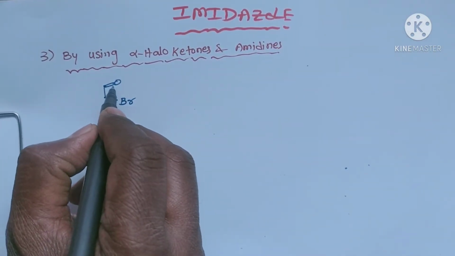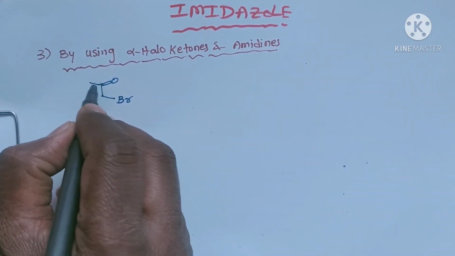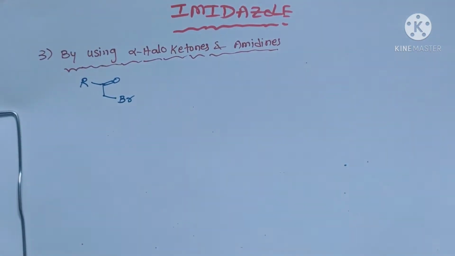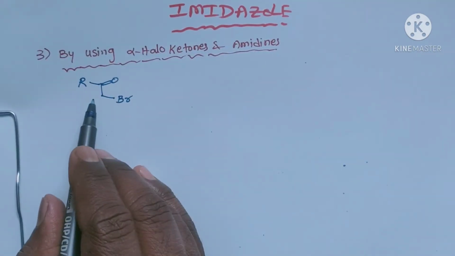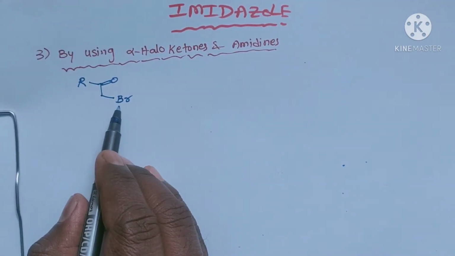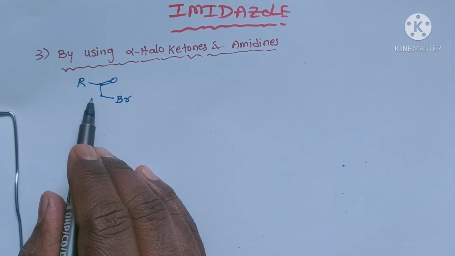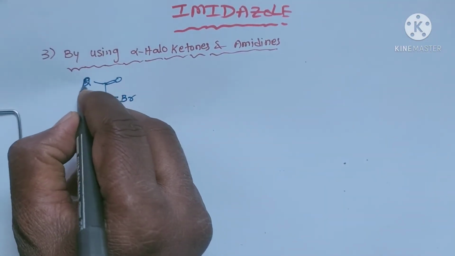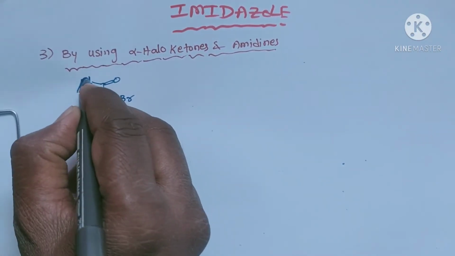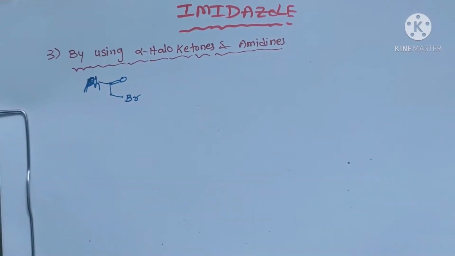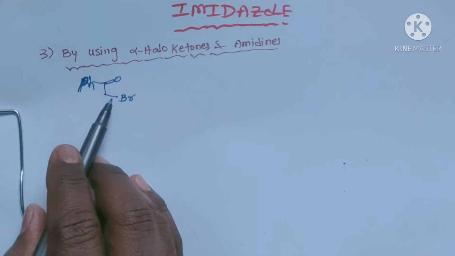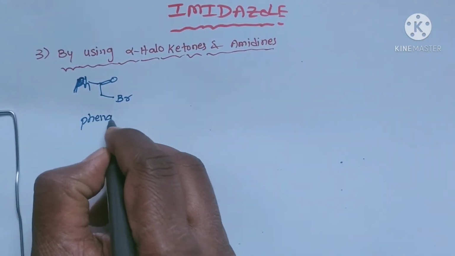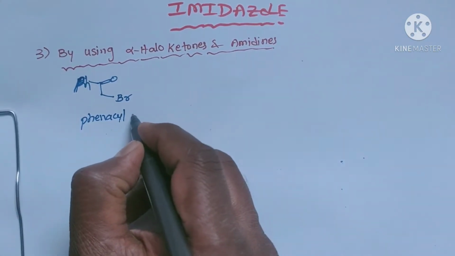So we can make it a ketone by keeping one alkyl group or aryl group. So this is now an alpha-bromo ketone. If you write a benzene ring here, then the name of this one becomes phenacyl bromide.